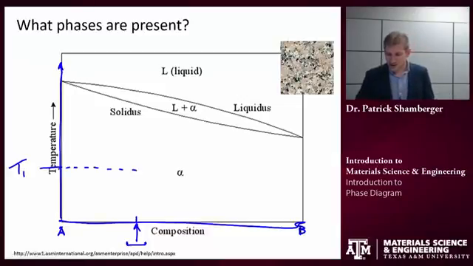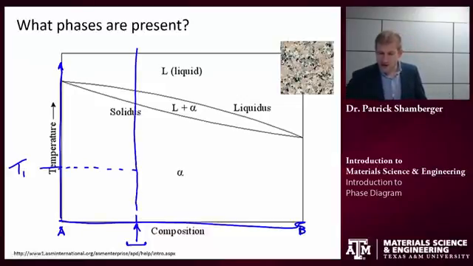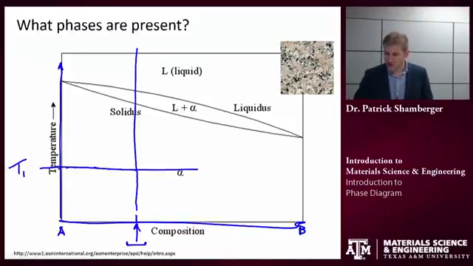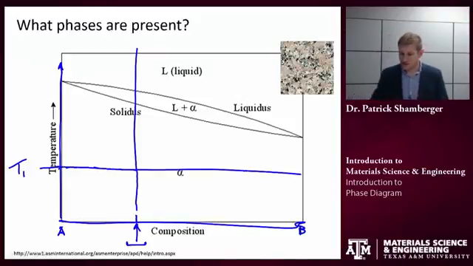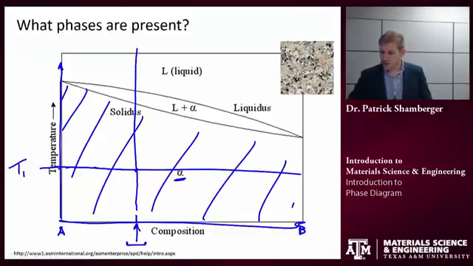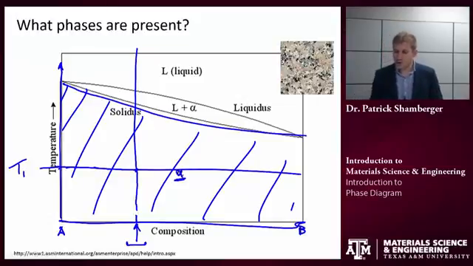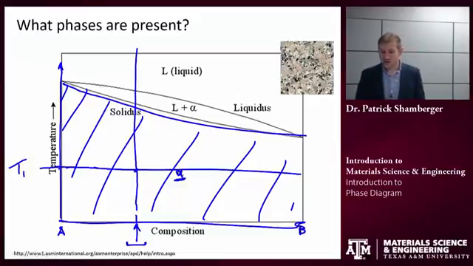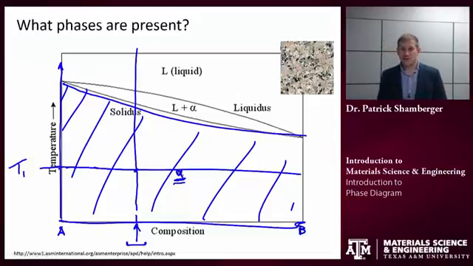To do that, I draw a vertical line at the composition of the system, a horizontal line at the temperature of the system, and I ask, what region am I in? In this case, I'm in a single phase region. This whole area, the area under this curve, is a single phase region where the only phase that's present is this alpha phase. So in this case, at this temperature and at this composition, the only phase present is alpha.